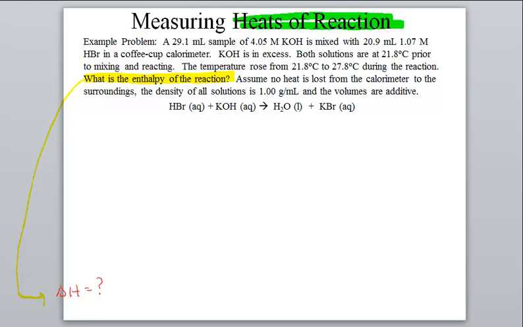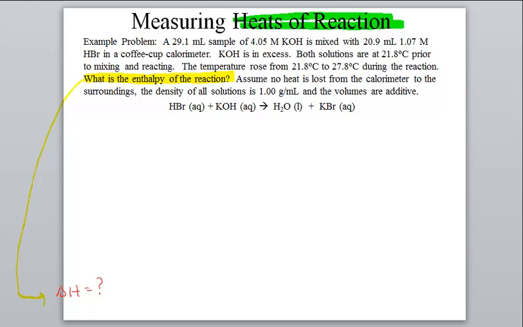reaction. So when we do this, there's two measurements you have to make or calculate. Since we're doing a paper problem, you need to know how much energy is flowing from the system to the surroundings, or vice versa, and how much of the chemical is actually reacting.